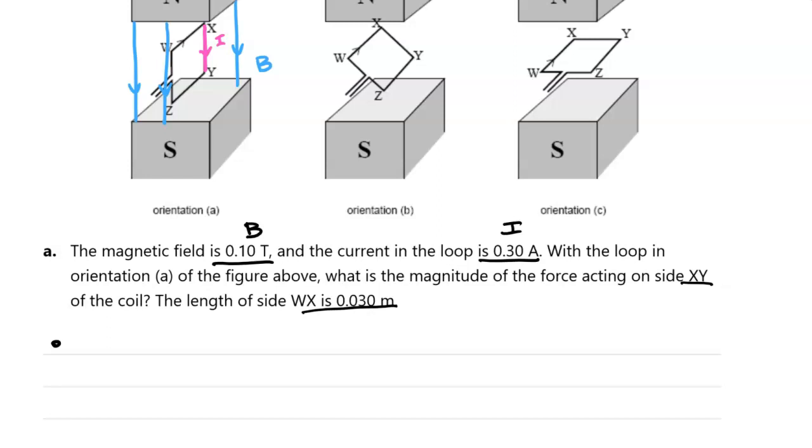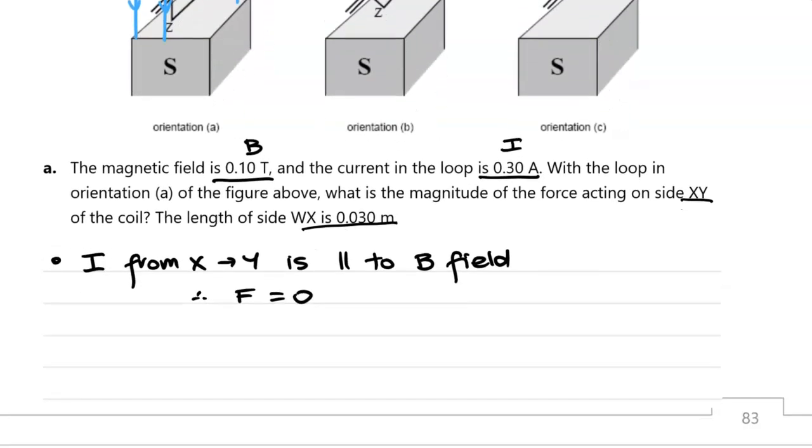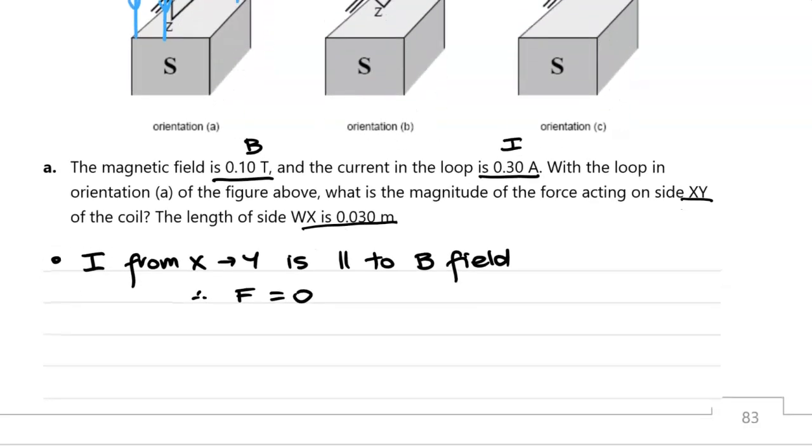So I, let's say current from X to Y, is parallel to the B field. Therefore, F equals 0. Now, you might be the kind of person who prefers, rather than thinking about parallel and perpendicular, to think about this equation.